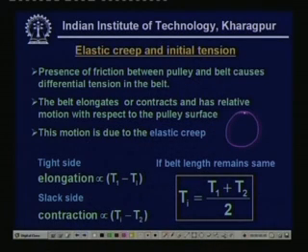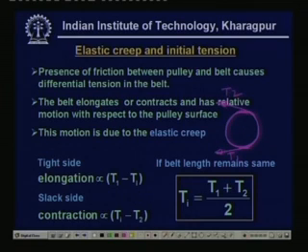This creates a relative motion between the belt and the pulley surface, which is created due to a phenomenon called elastic creep. What is this elastic creep? Let us try to understand what is happening. Suppose this is the T 1 side and this is the T 2 side.